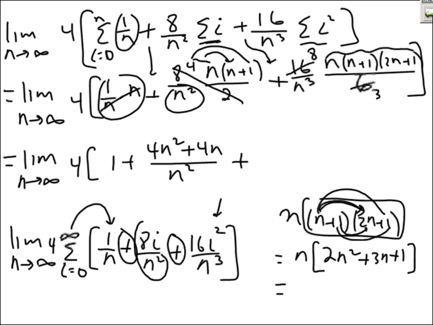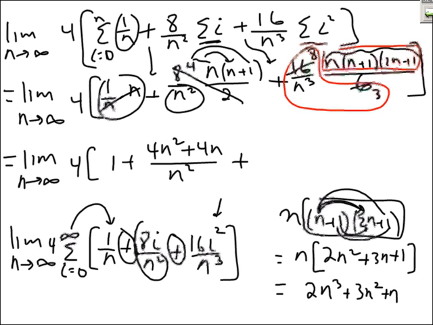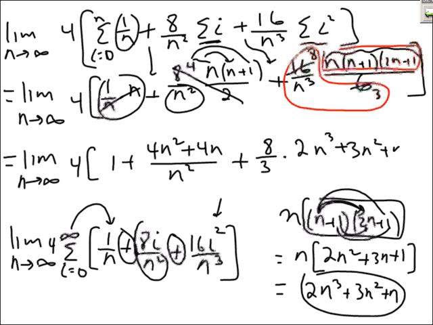Times by n in front, you get 2n cubed, plus 3n squared, plus n. But remember, I just calculated this. You still have 8 over 3n cubed. You still have that. So you have 8 over 3 times this over n cubed.